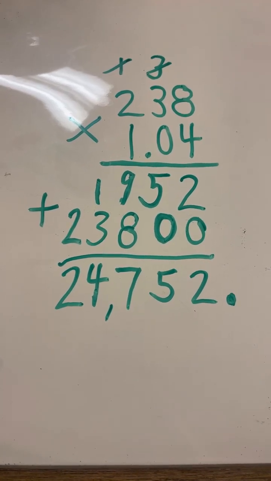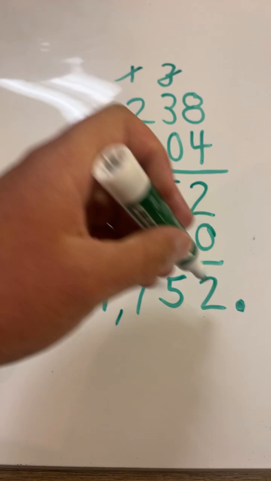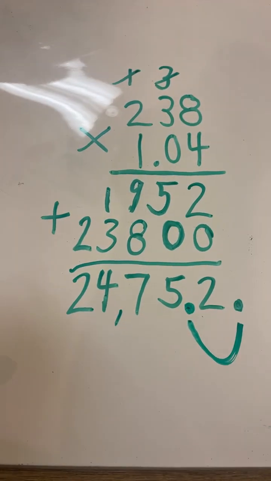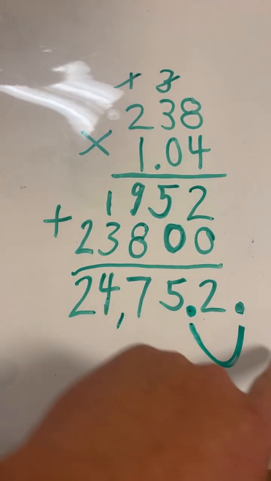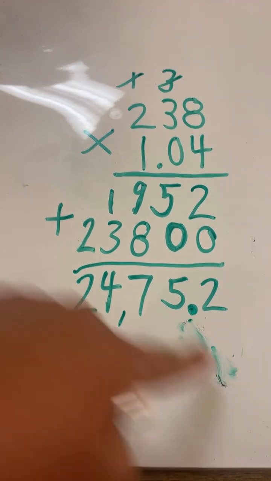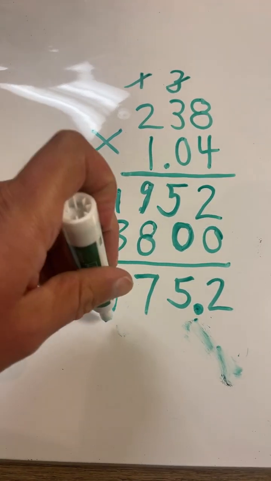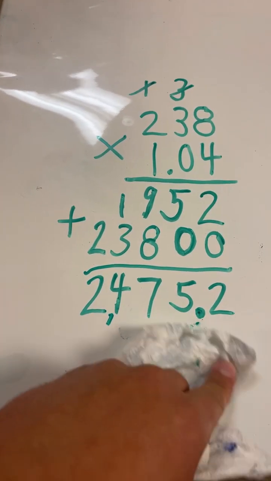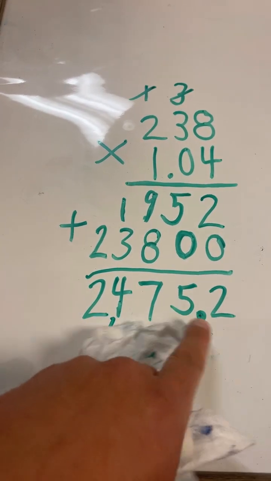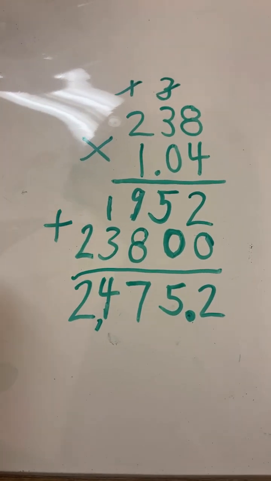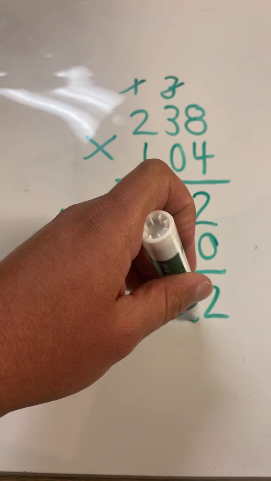So now I have to move that decimal point over 2 places. So if I move it over 1 place, the number goes from 24,752 to 2,475.2. Or another way to say it is 2,475 and 2/10. So I just moved the decimal point over 1 place.